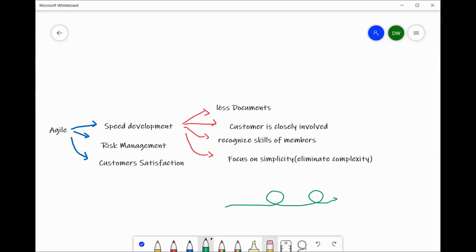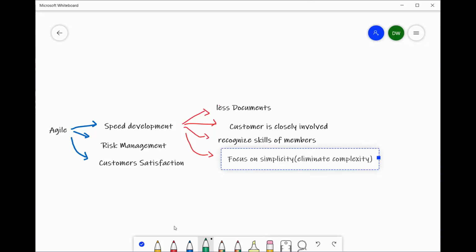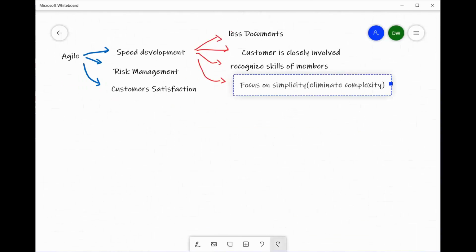I told you about dividing a project into smaller sections, right? That is a specific technique which we use for agile development, and there are a number of agile development techniques, as I told you a while ago.